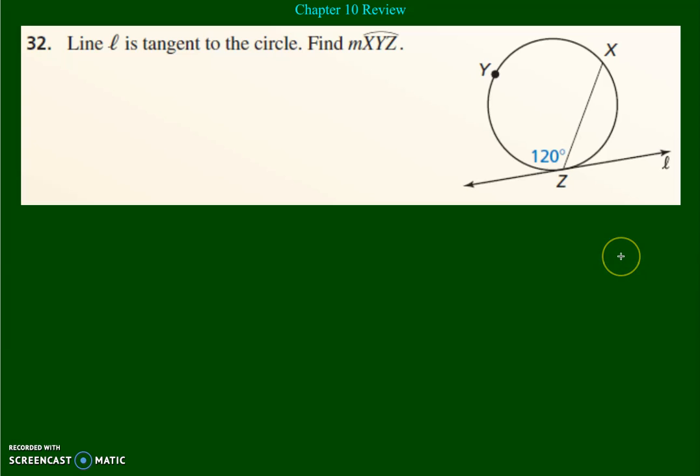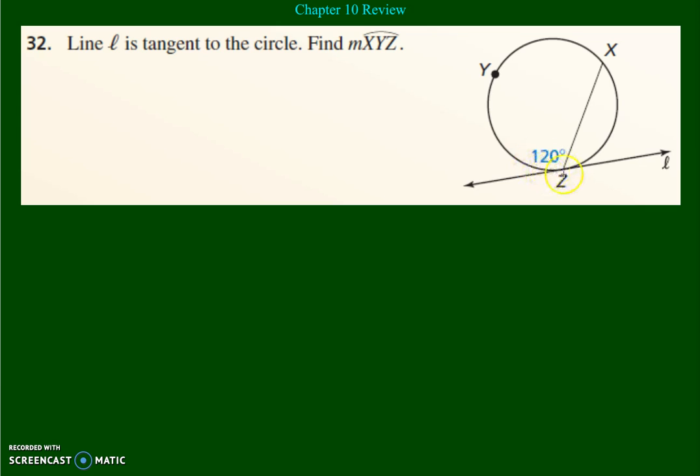In problem 32, we have a totally different theorem at work here, but it acts just like the inscribed angle theorem. This is the tangent and intersected chord theorem. And what it says is if a tangent and a chord intersect at one of the endpoints of the chord, then the angle formed is 1/2 the intercepted arc.